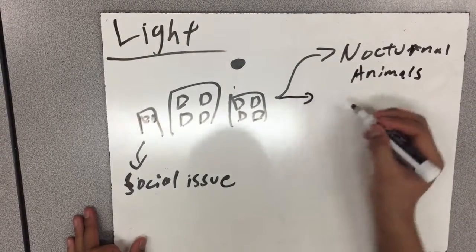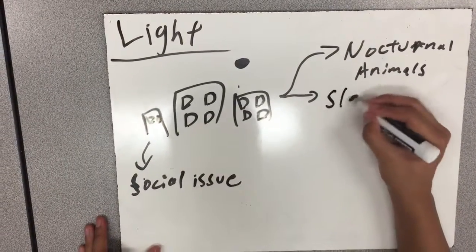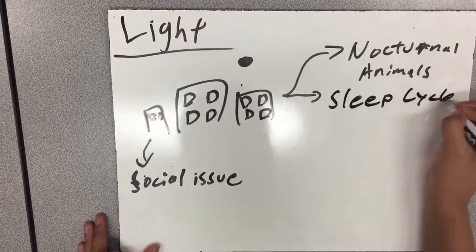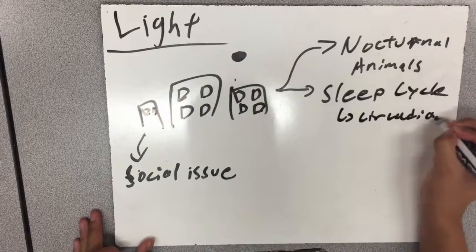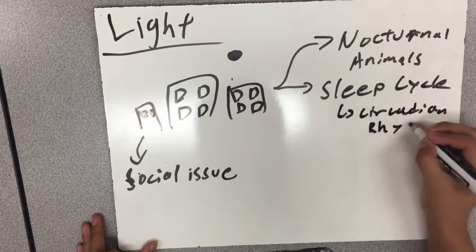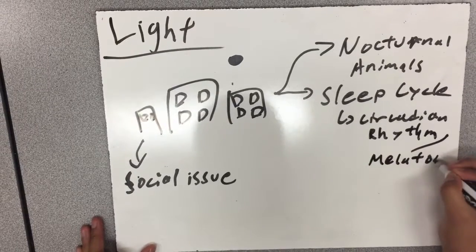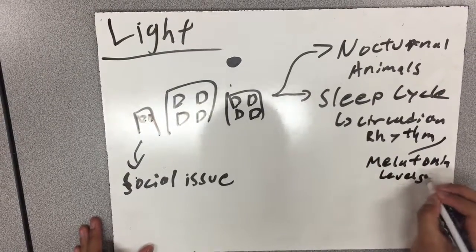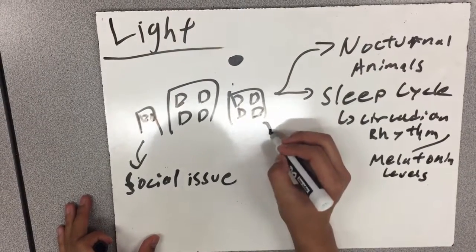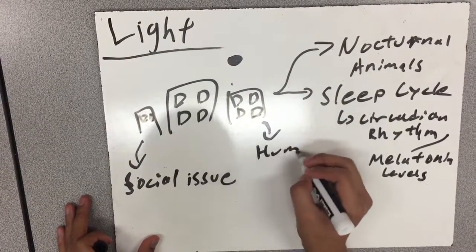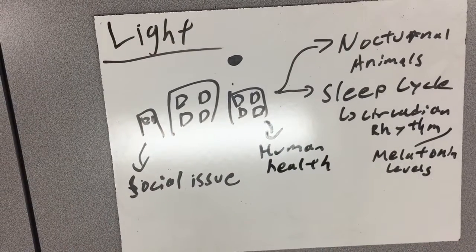This would also hurt your sleep cycle, which, if you want to be fancy, or if you take AP Bio, your circadian rhythm, slash melatonin levels. And although this is not proven, it is also said that it could cause human health problems. And there's not many solutions to this.